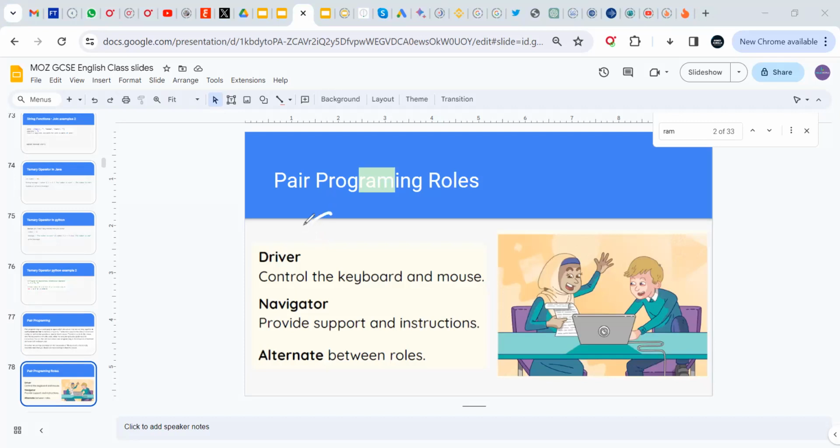One role we call a driver, and this driver is a person who is controlling the keyboard and writing the code. And we have another role called navigator. The navigator is a person who thinks and guides the driver to write the correct code and highlights to him issues that he might face.